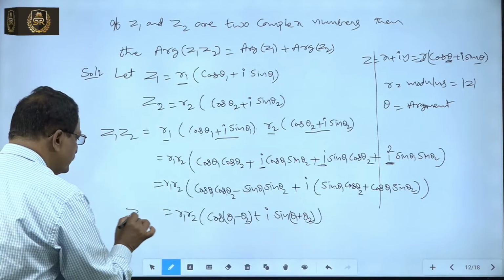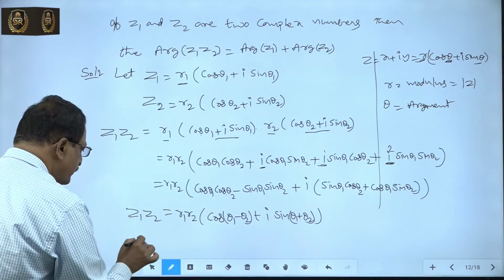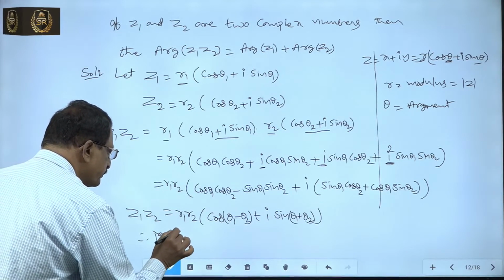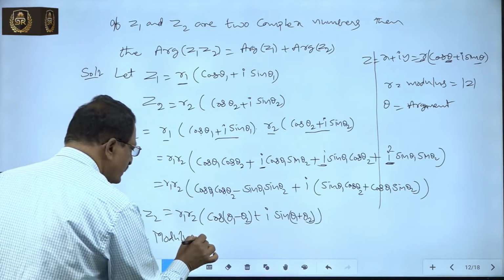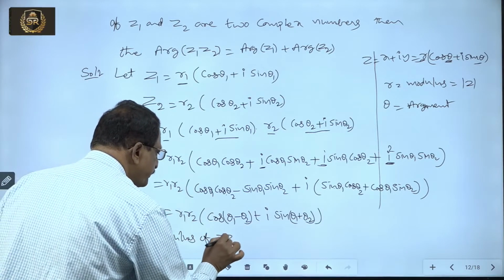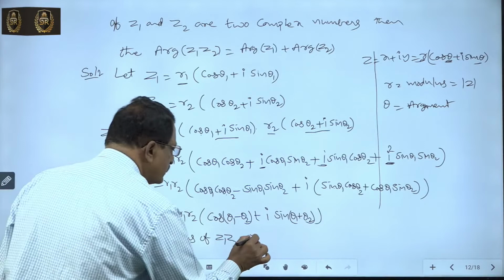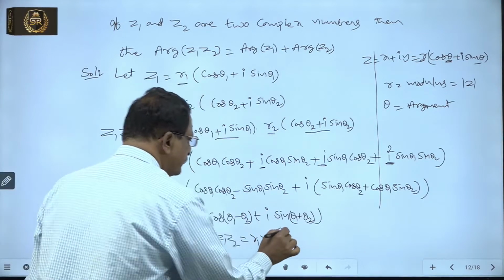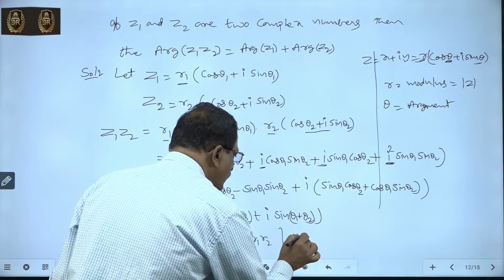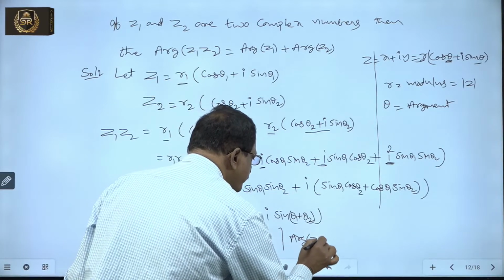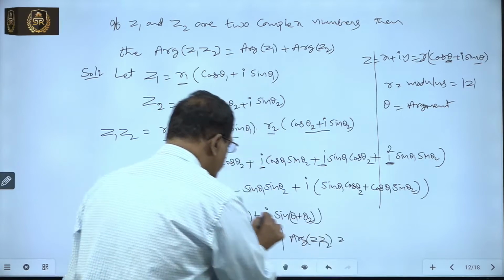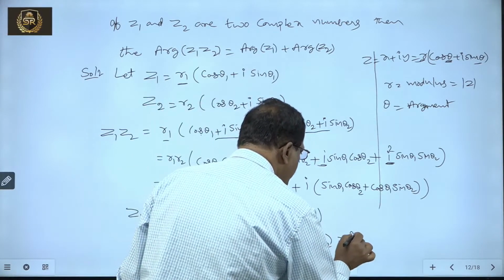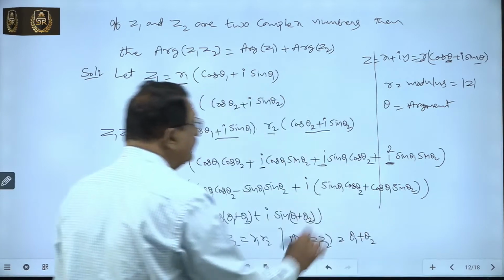Now it is Z1 Z2. Therefore, what is the modulus of Z1 Z2? Modulus of Z1 Z2 equals R1 R2, and argument of Z1 Z2 equals theta 1 plus theta 2.